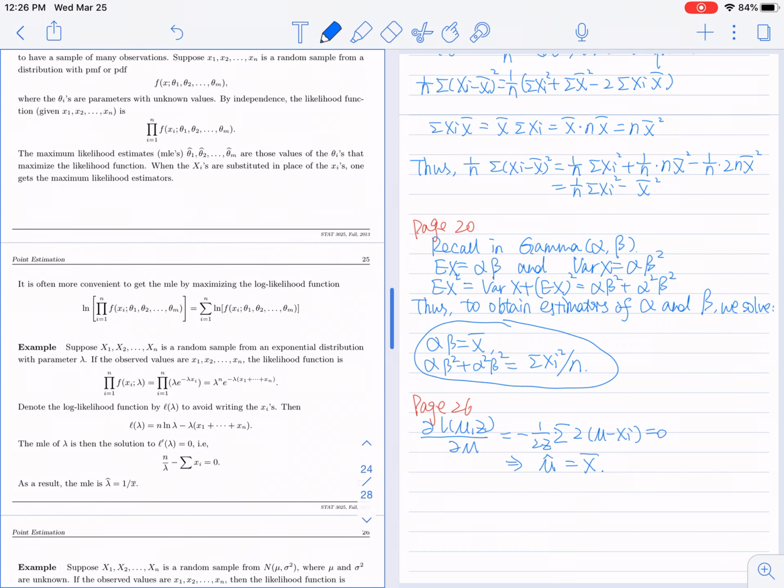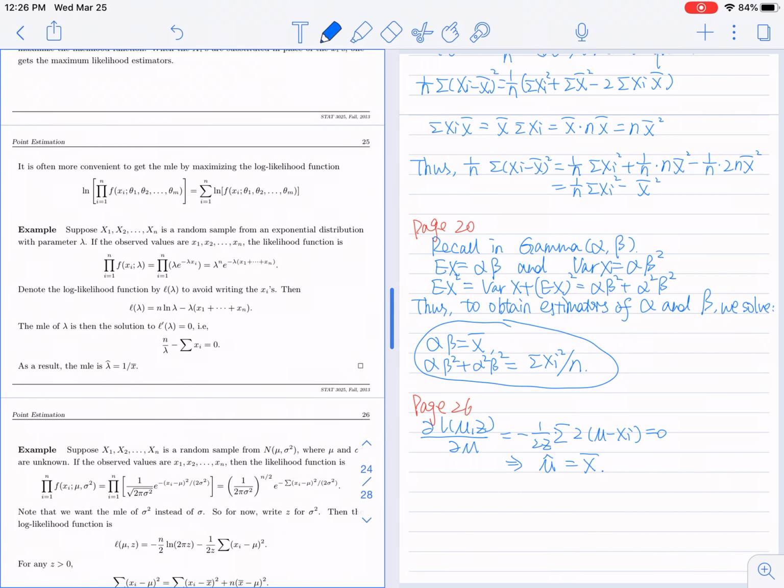So let us see another example in page 25. Suppose that x1 to xn are a random sample from an exponential distribution with parameter lambda, and we observed n values denoted by x1 to xn.